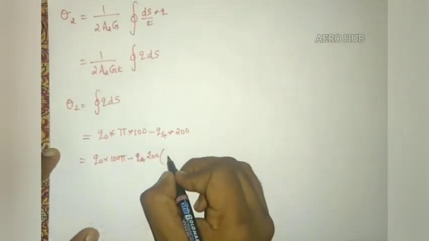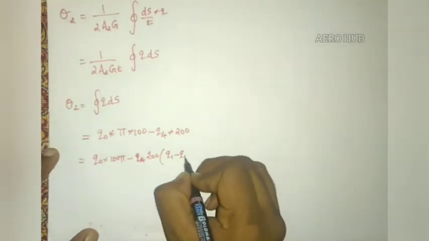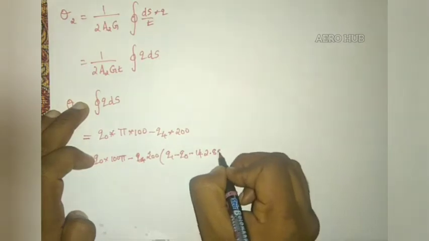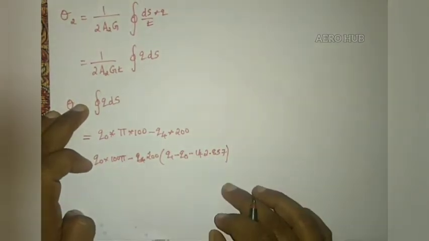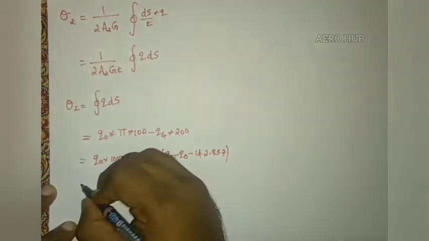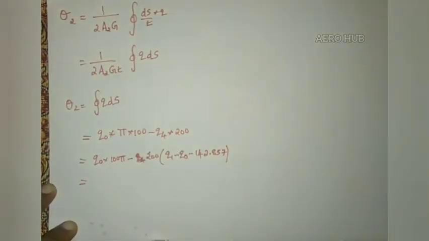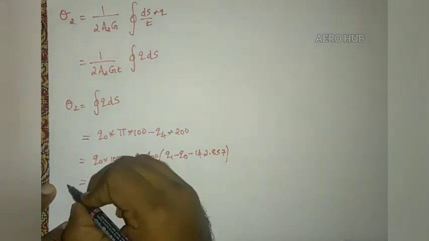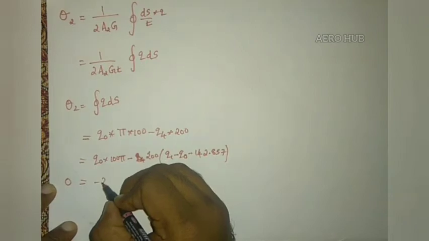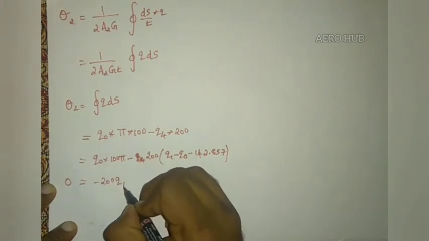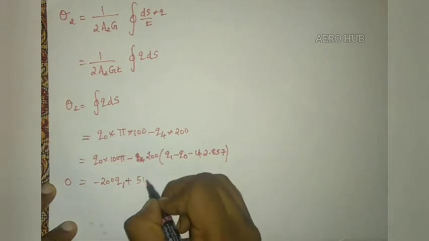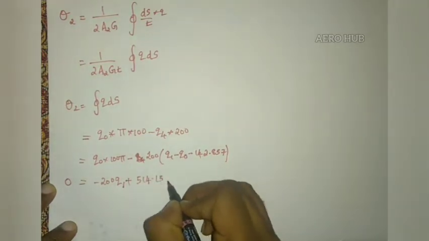Q4 is nothing but Q1 minus Q naught minus 142.857. Okay, this is the value of Q4. So finally I will be getting the value of theta as 0. This will be minus 200 Q1 plus 514.15 Q naught plus 28571.4.